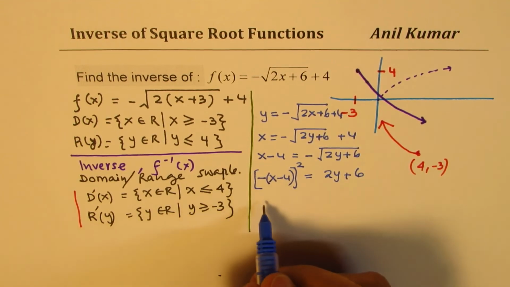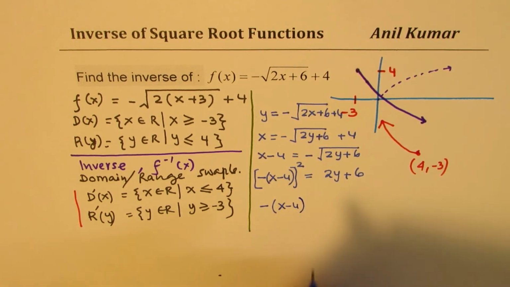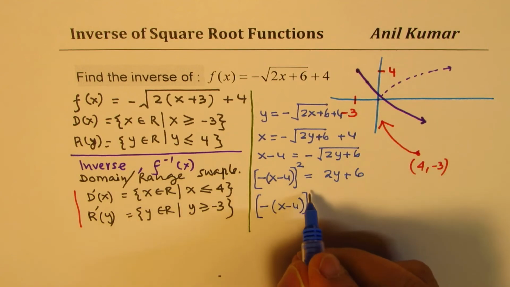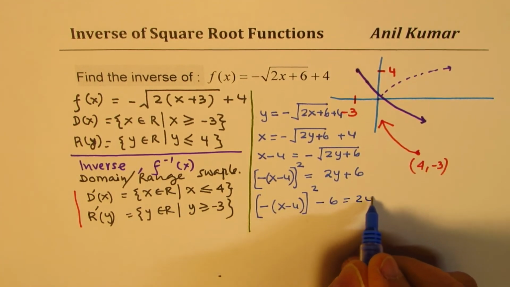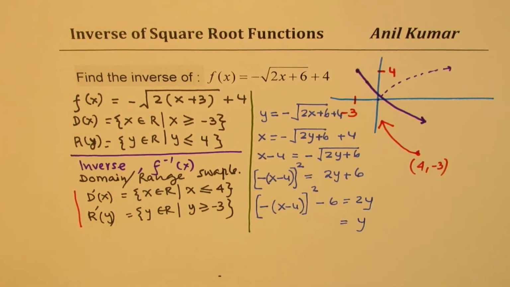Now we'll take away 6 and divide by 2, right? So we have minus of x minus 4, whole square, minus 6 equals 2y. Now to find y, we divide by 2.